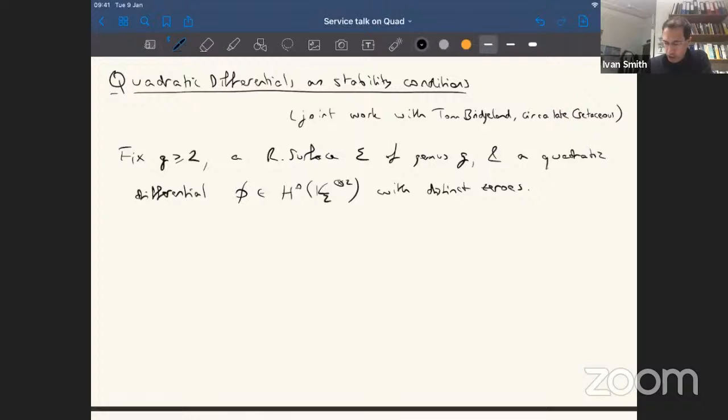Then there are 4g minus 4 of them. And I can associate to this the following quasi-projective threefold.